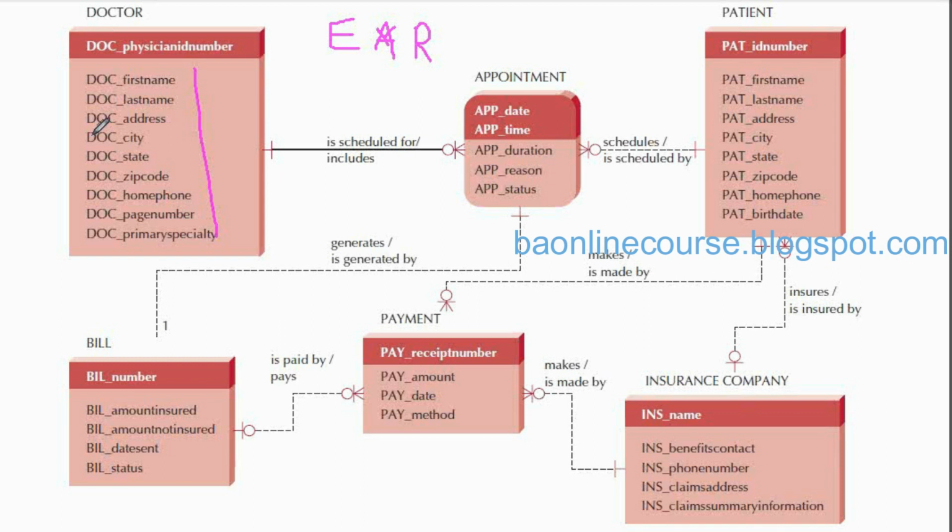So the first step is where you're figuring out all those entities. Go by the definition, figure out what are all the people, things, transactions, and objects about which we need to store information.